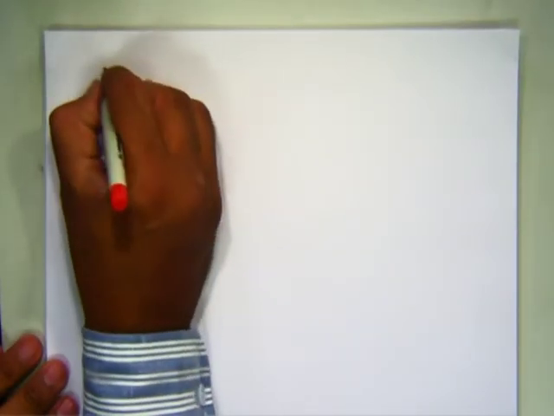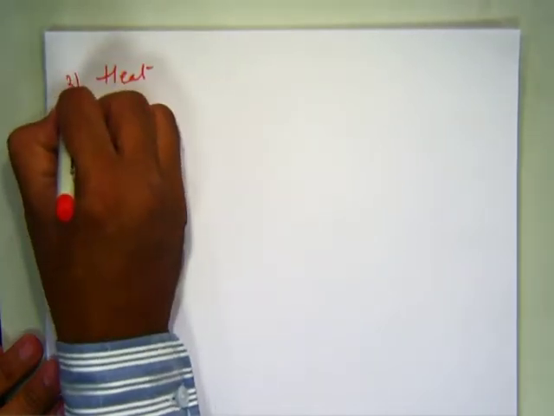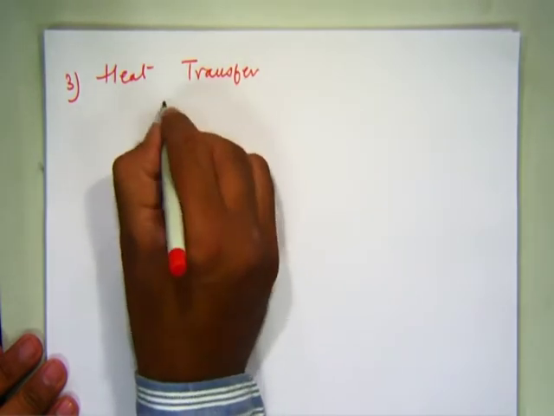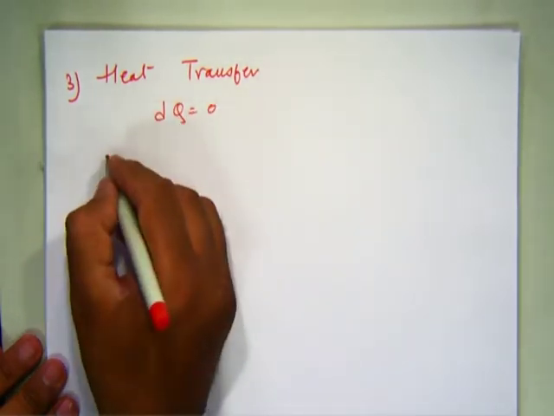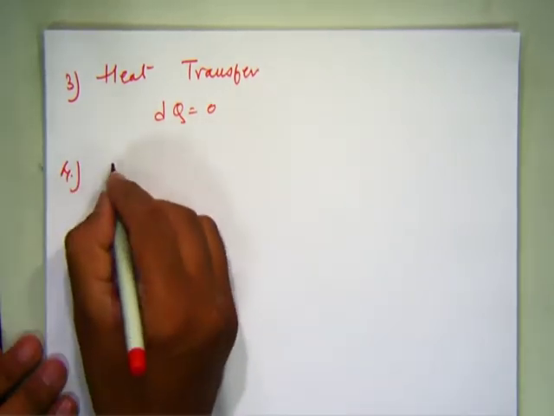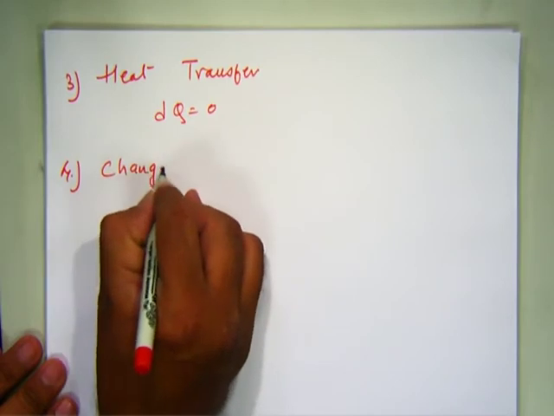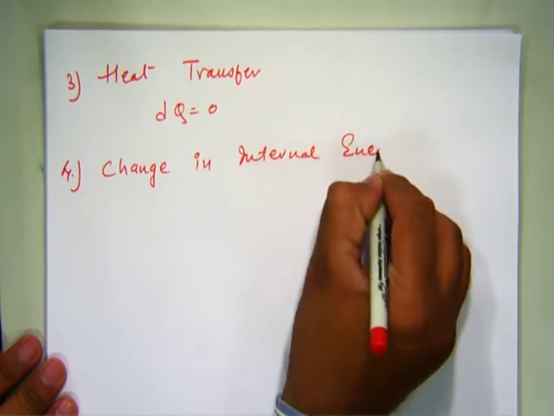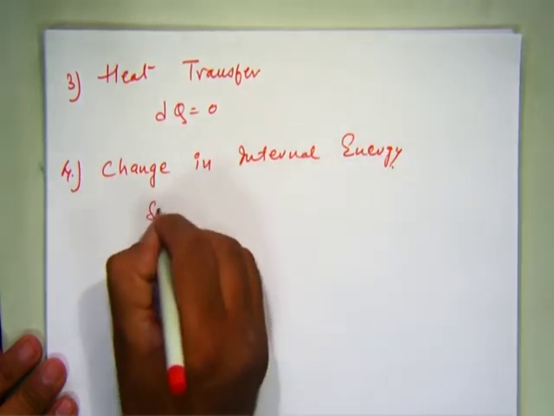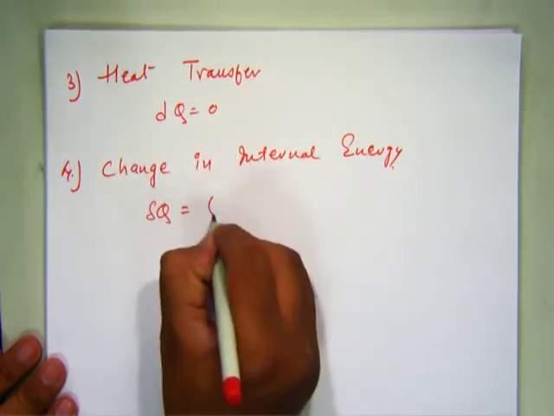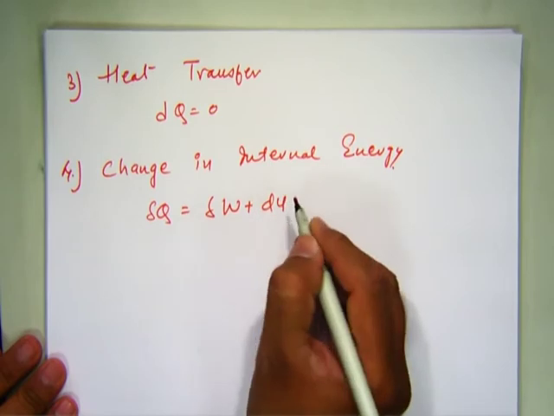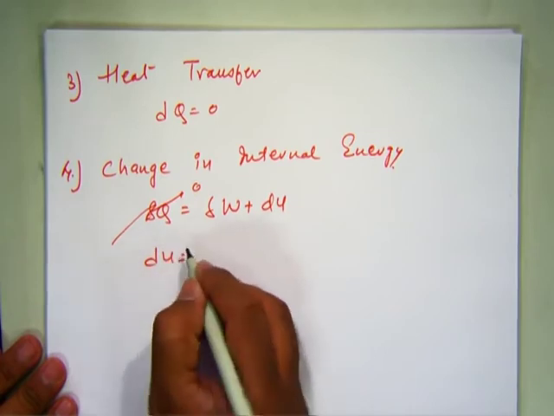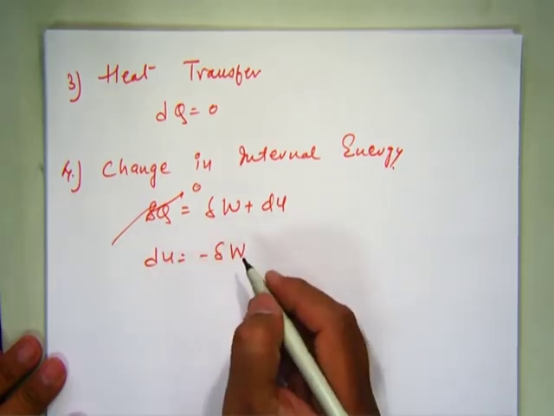You know that heat transfer, third point, heat transfer, that is 0. dq is 0. The change in internal energy: del q is equal to del w plus du. Now del q is 0, so du is equal to minus del w, right?